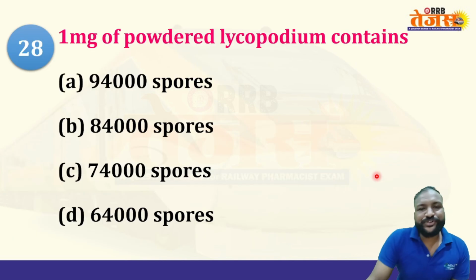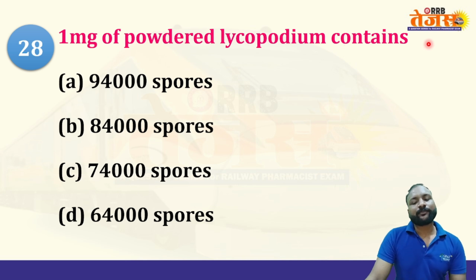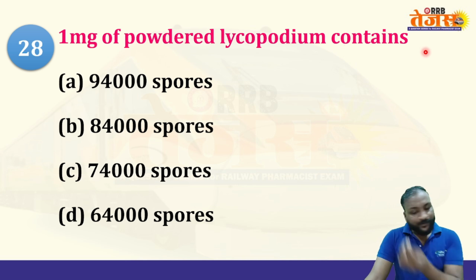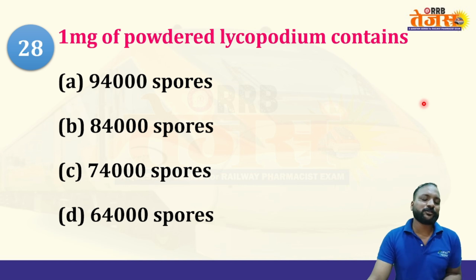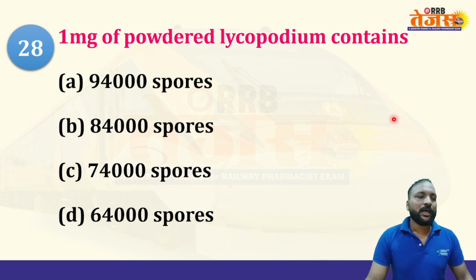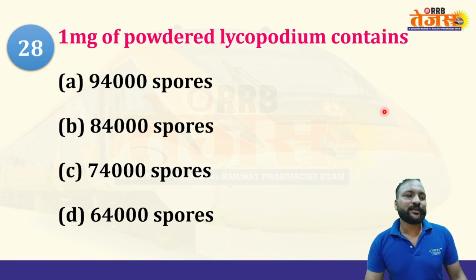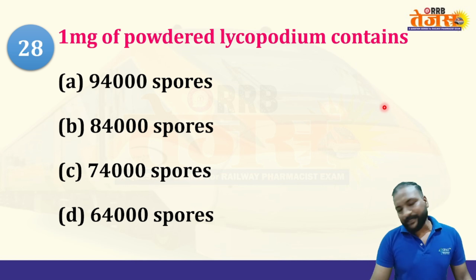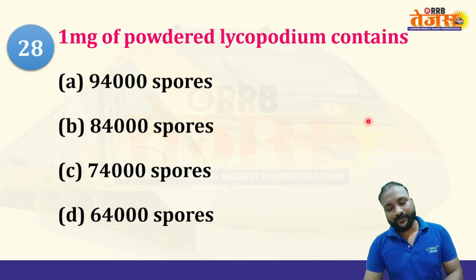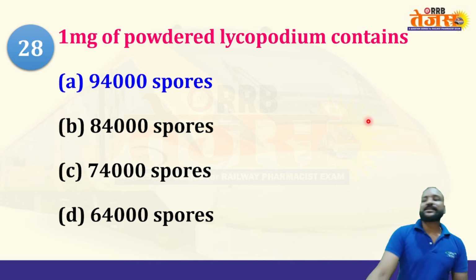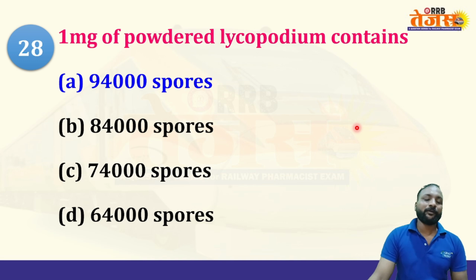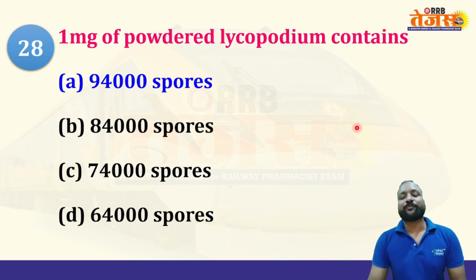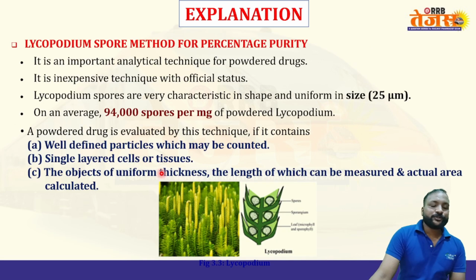In the 28th question, 1 mg of powdered lycopodium contains option A 94,000 spores, option B 84,000 spores, 74,000 spores, and 64,000 spores. In the lycopodium spore method, there is a very important formula for the estimation of powdered drugs. Let us see the answer. 94,000 spores is the standard number for 1 mg of lycopodium.